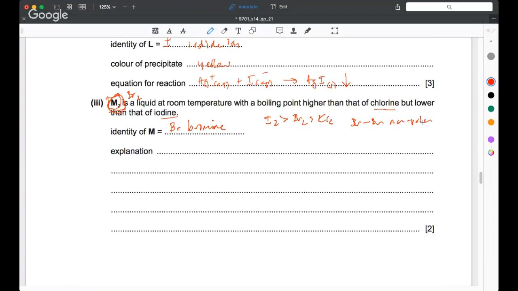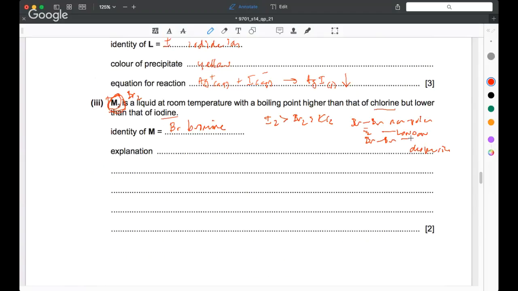But even for these non-polar molecules, the kind of forces that you can have between non-polar molecules are called London forces, or you sometimes see those as dispersion forces. These are the weak intermolecular forces that exist between all molecules, actually, but the only possible forces that can exist between these non-polar molecules are these London forces or dispersion forces.